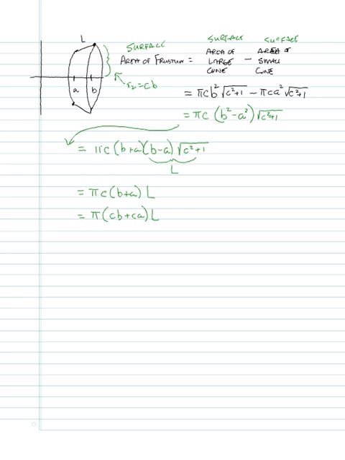And remember that this is the top of this frustum, the small circle. We said that radius was R sub 1, and we decided that was CA. So this is actually pi times R sub 2 plus R sub 1 times the length of the edge.